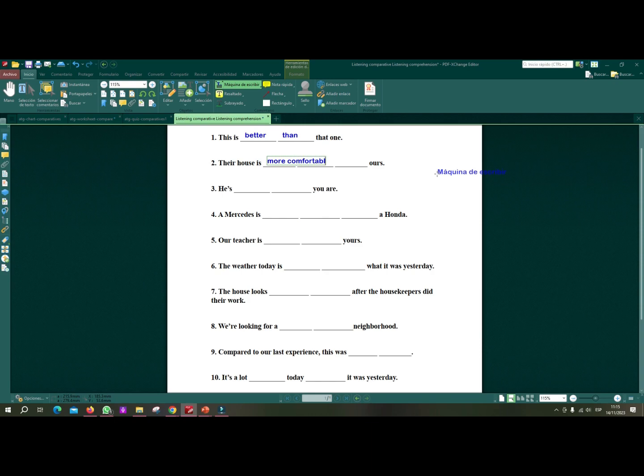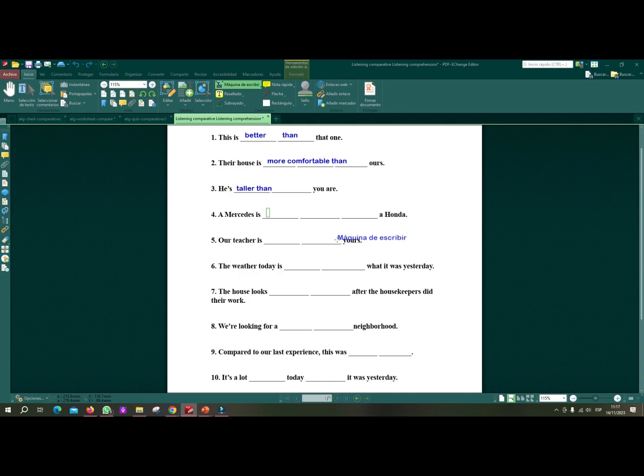Do you know comfortable? Than ours. Comfortable es mejor, más cómoda. Su casa es más cómoda que la nuestra, right? Ours. Number 3 is a Honda. Which will be here? ¿Tienen esa? No?